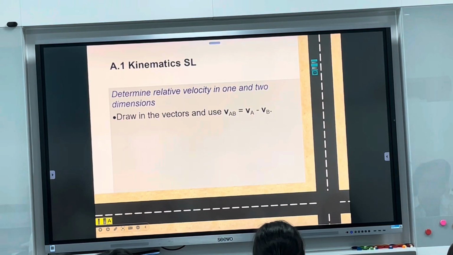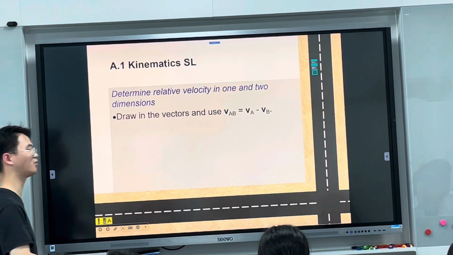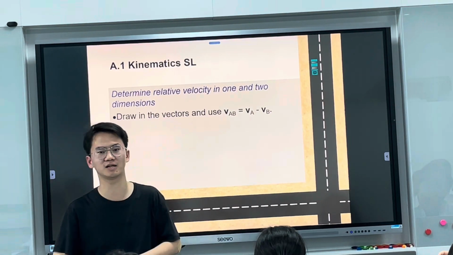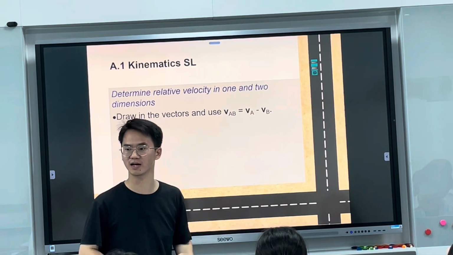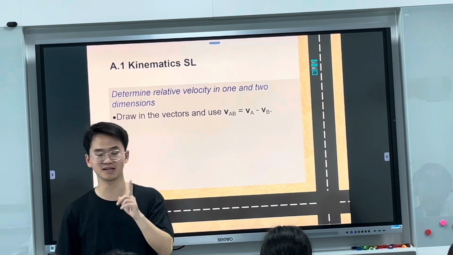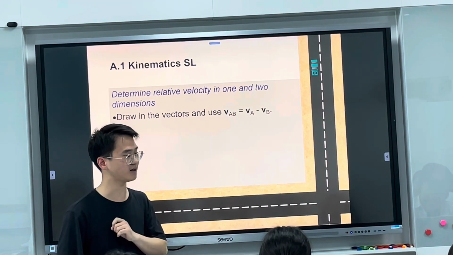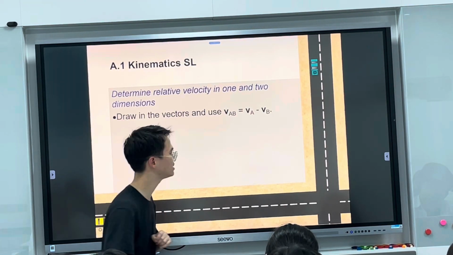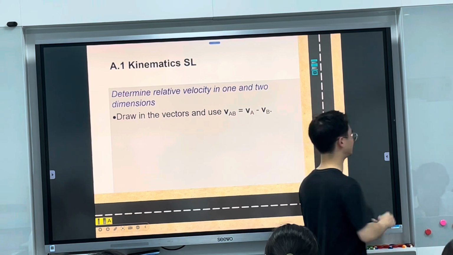So, Thomas, you are on the right track, thinking of using a vector triangle, a velocity triangle, but there's one tiny detail. Instead of adding them, we're finding relative velocity. Vector subtraction rather than vector addition.